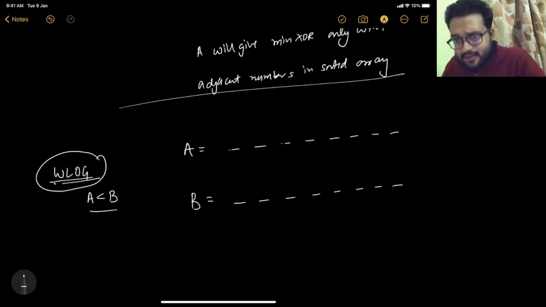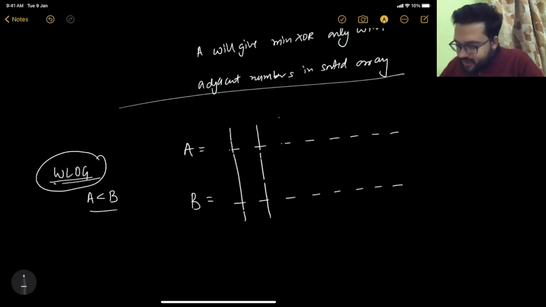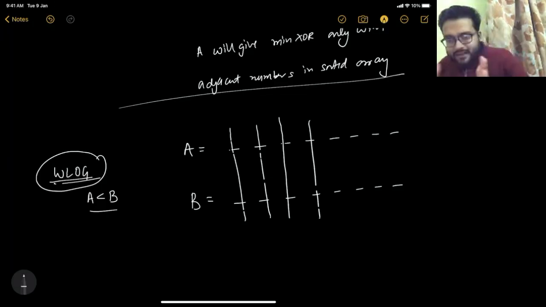Let's assume that is this bit. And do you appreciate A will definitely have a 0 and B will definitely have a 1, because A is smaller than B. Is that clear to everybody in the class? A will always have a 0, B will always have a 1 because A is smaller than B, and this is the first bit where the change is happening.